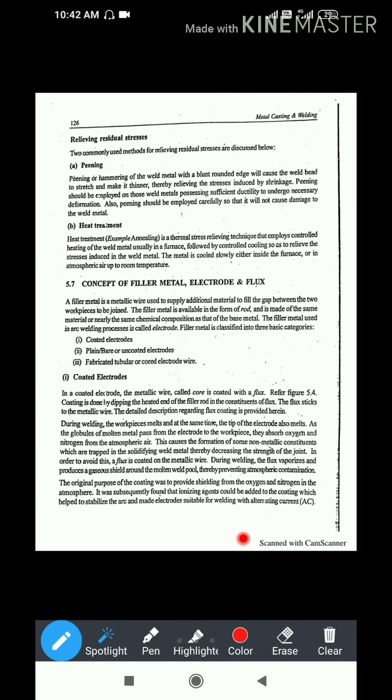Peening treatment is nothing but, after doing the weld, taking a hammer and hammering the weld metal with a blunt rounded edge, which causes the weld bead to stretch. Once the weld material starts to stretch and extend, it becomes thinner.